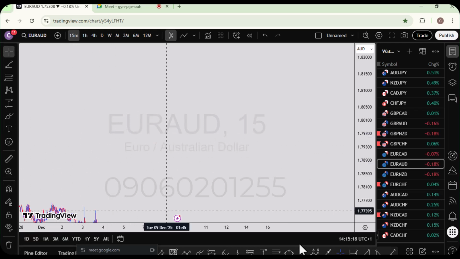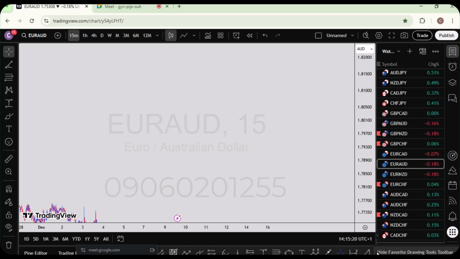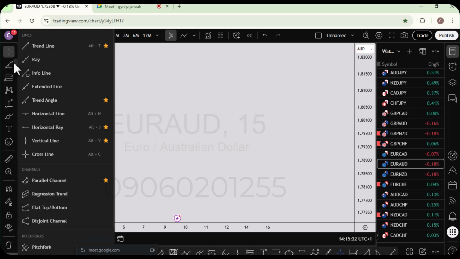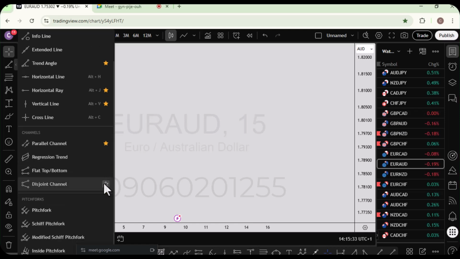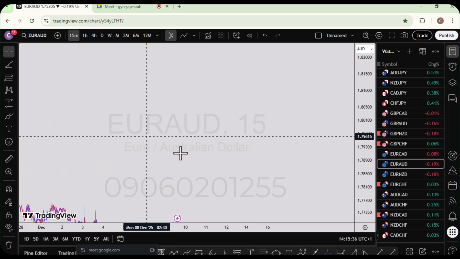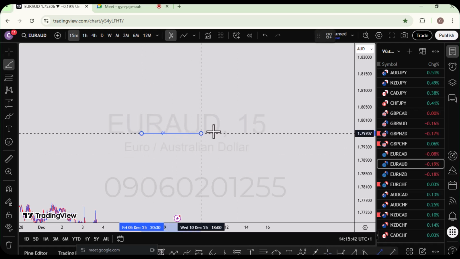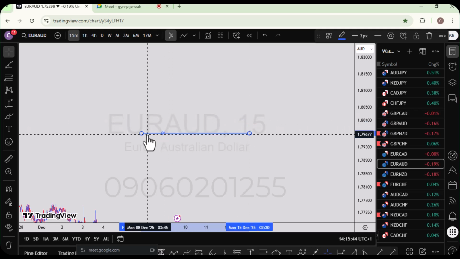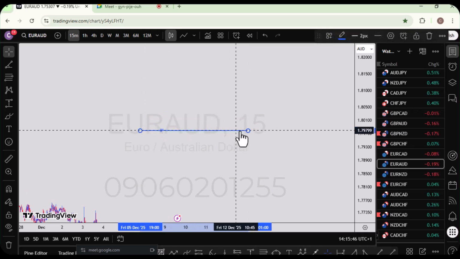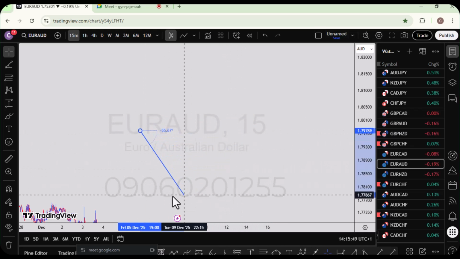Once we have that tool, I'm trying to remove this one as well because I don't need that one. Okay. We need this one. All right. You can see. Let's try it again. You can see how it rose.